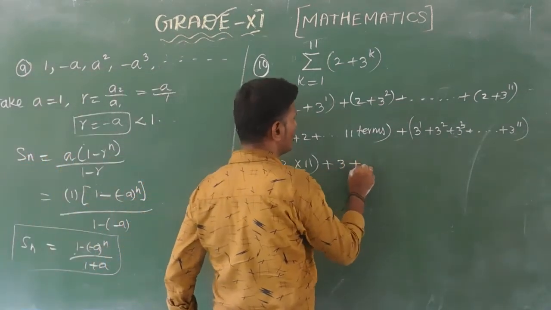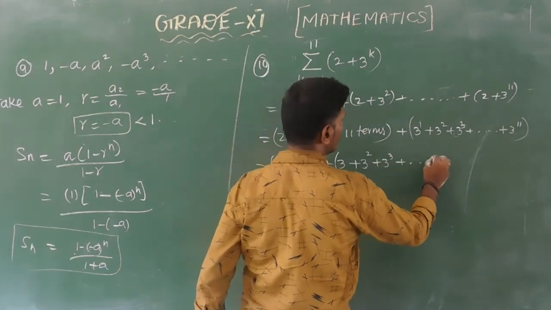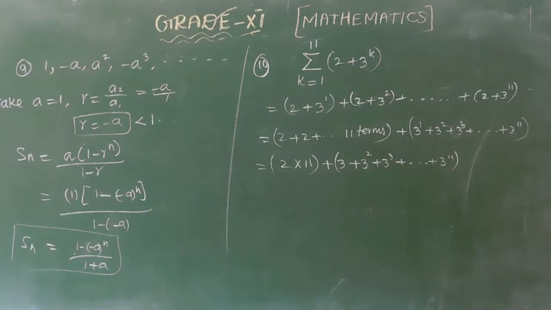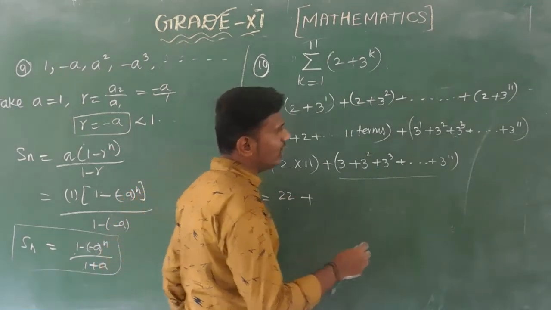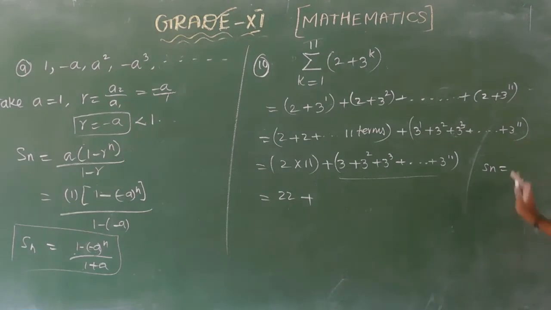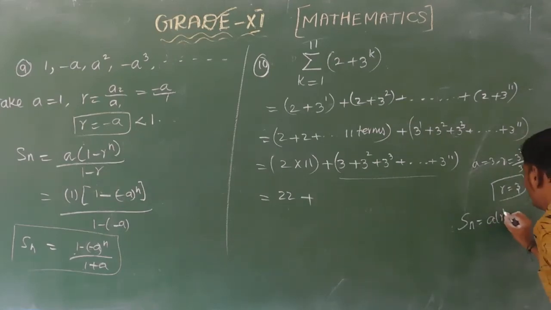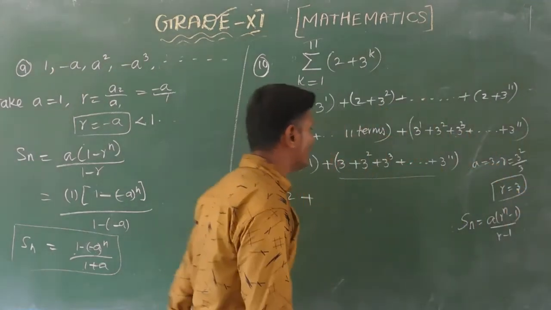And we have a formula here for 3 plus 3 squared and so on: a into r power n minus 1 divided by r minus 1. So use that formula and expand now.